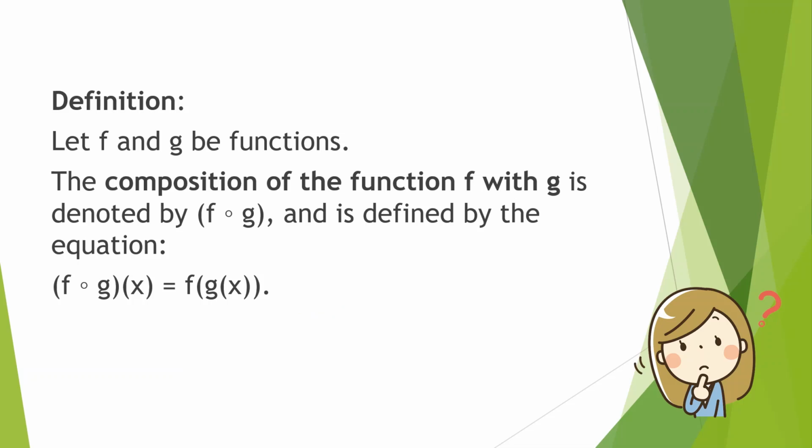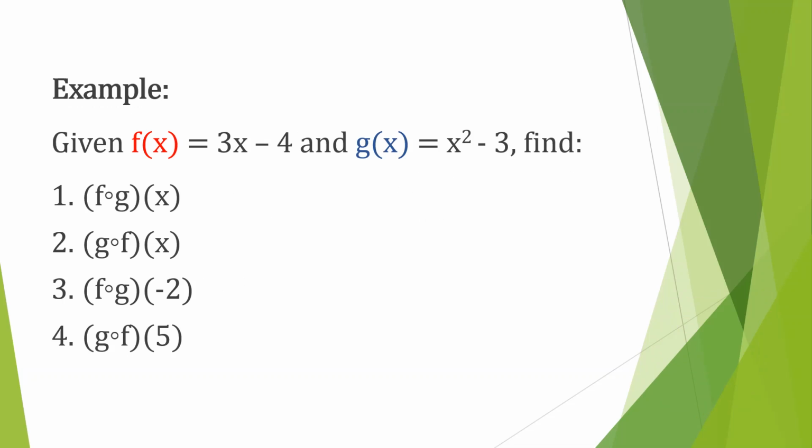Definition. Let f and g be functions. The composition of the function f with g is denoted by f circle g and is defined by the equation f circle g of x is equal to f of g of x. Let's have some examples.